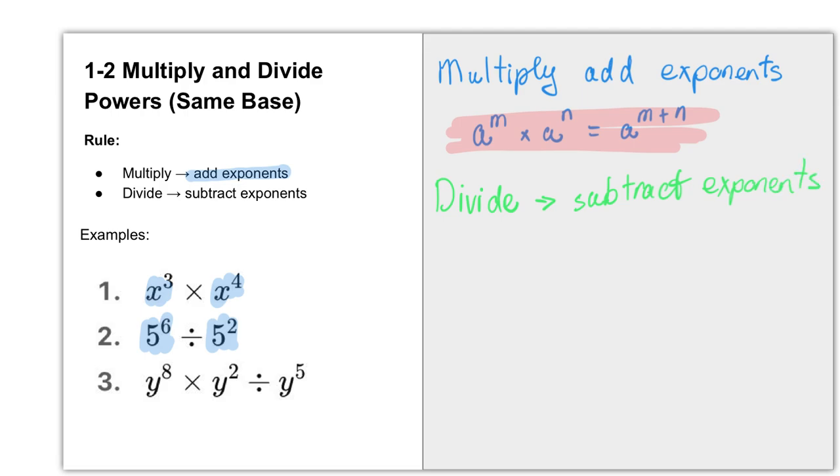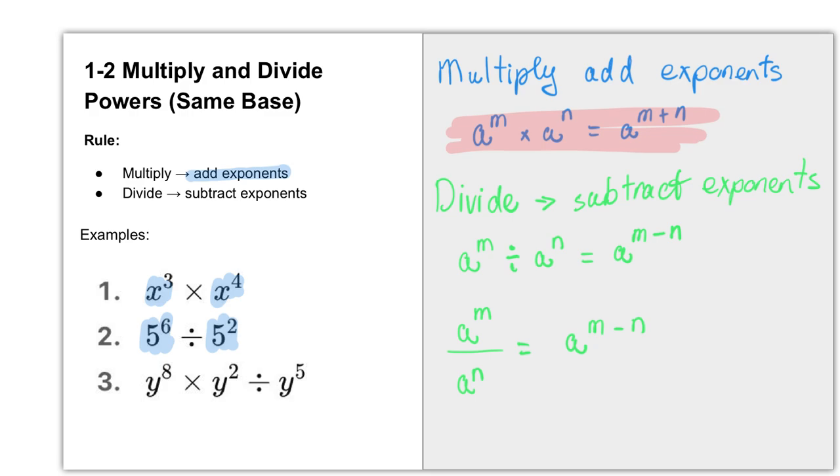And let's go ahead and write the rule. a raised to the m power divided by a raised to the n power means we're subtracting the exponents. You can also rewrite this as a fraction. And it will be the same thing.